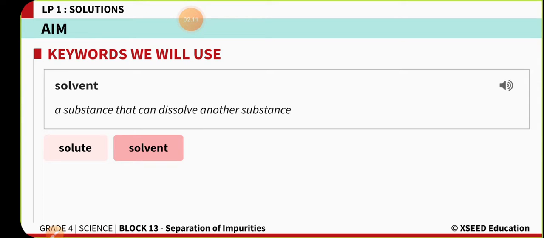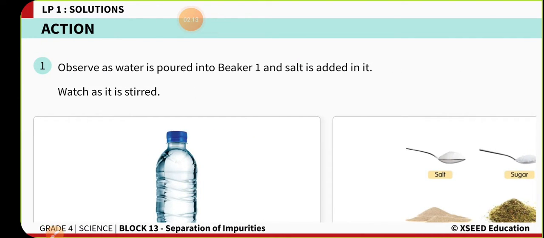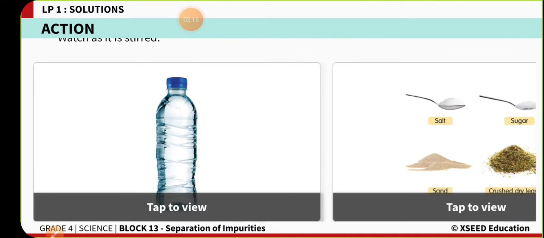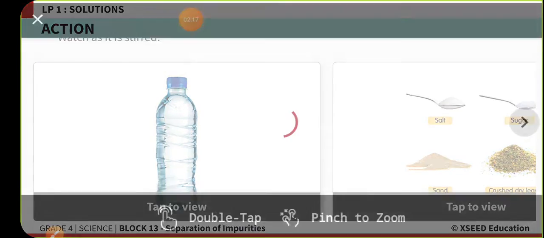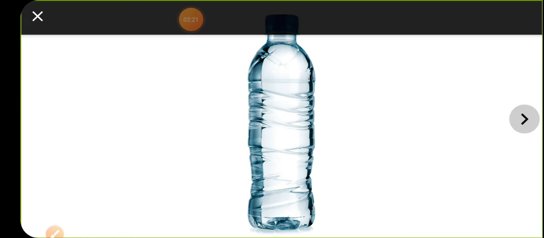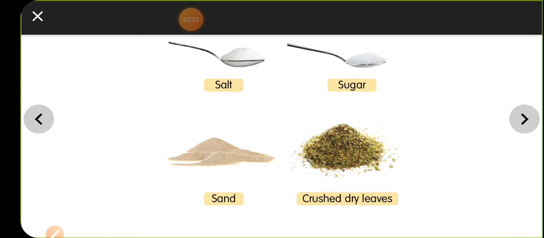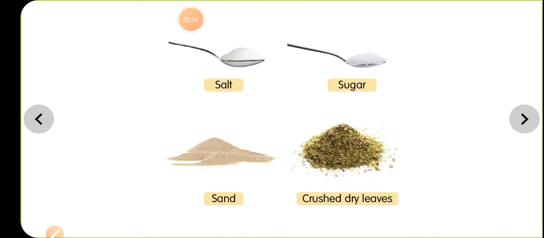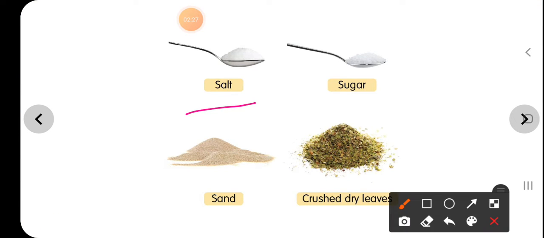Today let us start doing an activity. To do the activity, we should have water with us. After water, take these resources: a tablespoon of salt, a tablespoon of sugar, sand, and crushed dried leaves.